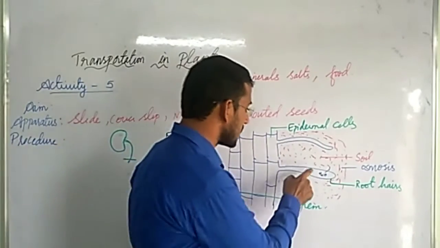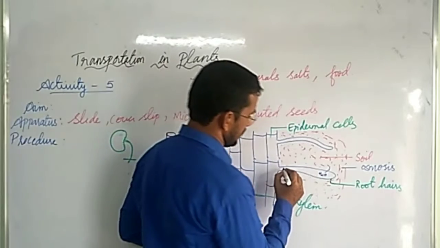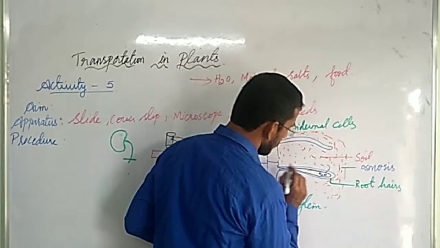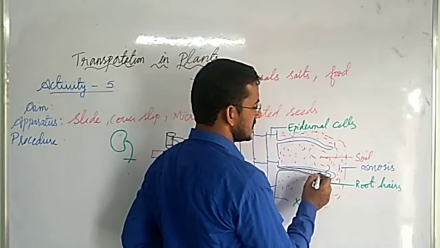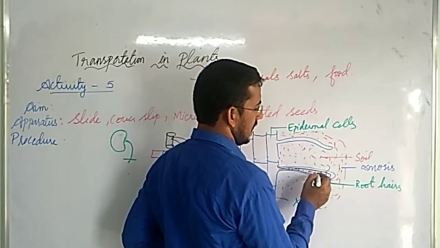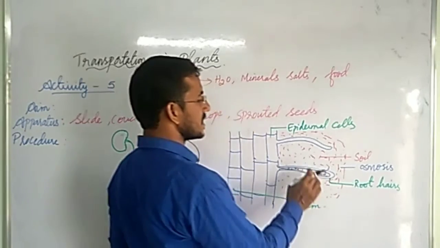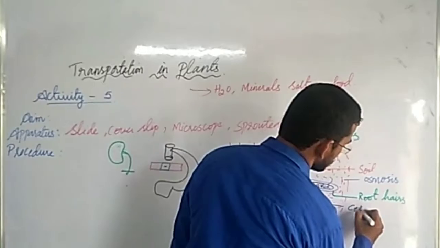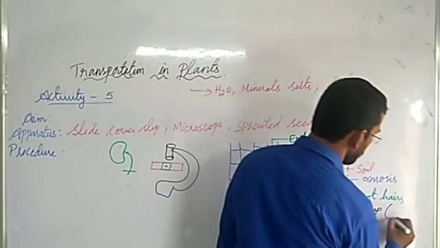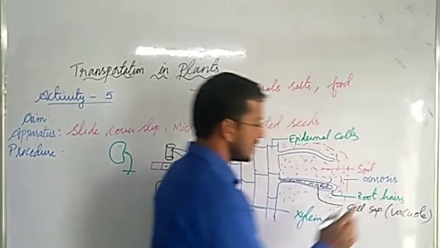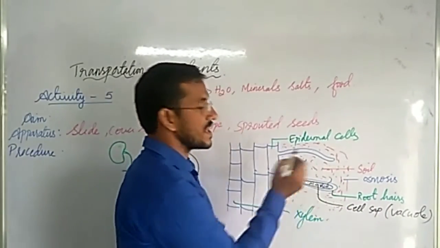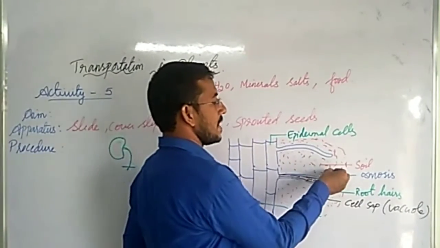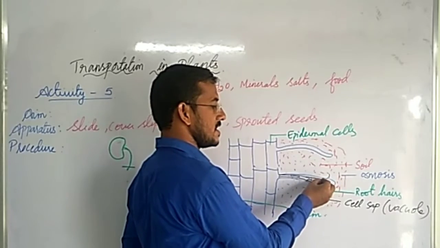But in roots, we have cell sap. What is cell sap? Very big vacuoles are present in root hair cells, and these vacuoles contain many substances and liquid. Water is also present. That's why here concentration is very high. So water from low concentration will move to high concentration.